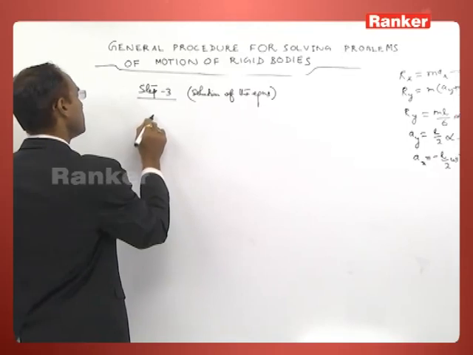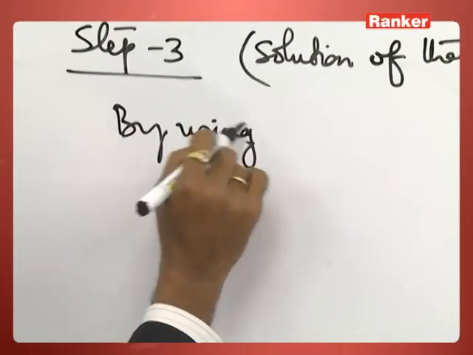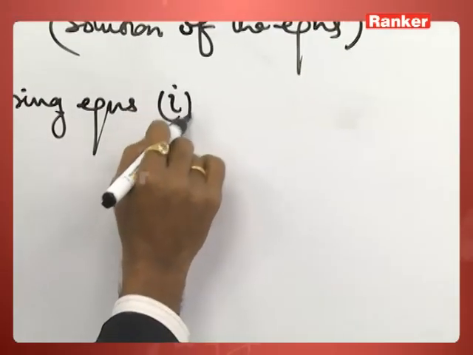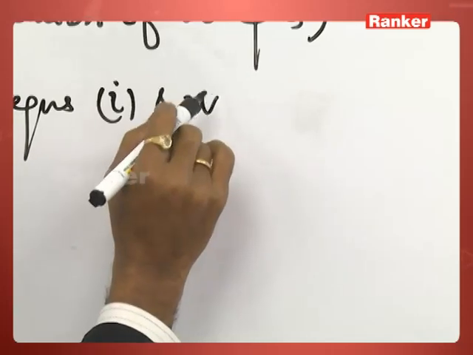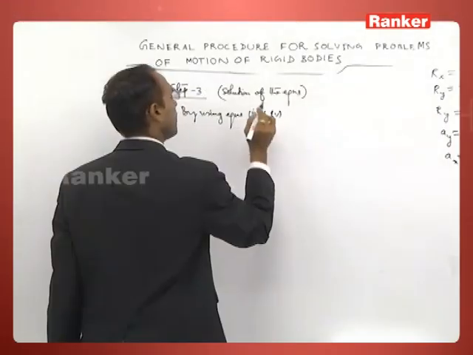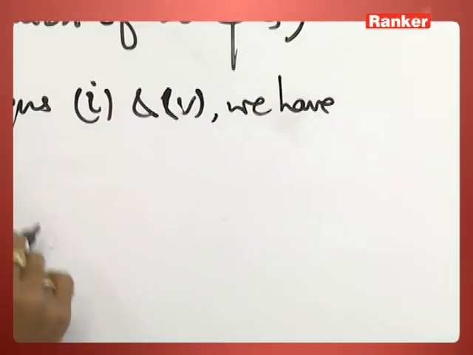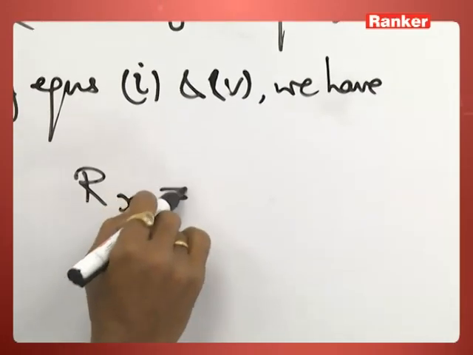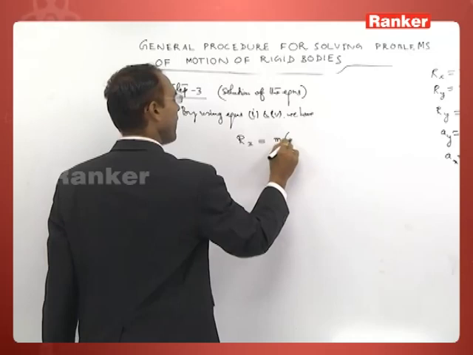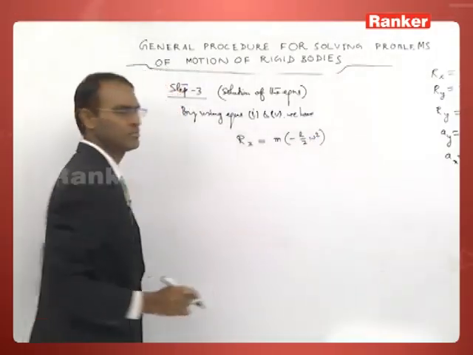So, using equations 1 and 5, we have Rx is equal to m into minus L by 2 omega square.